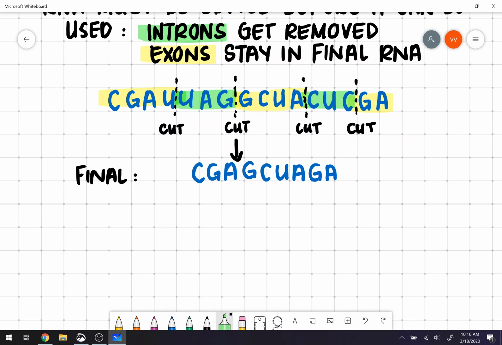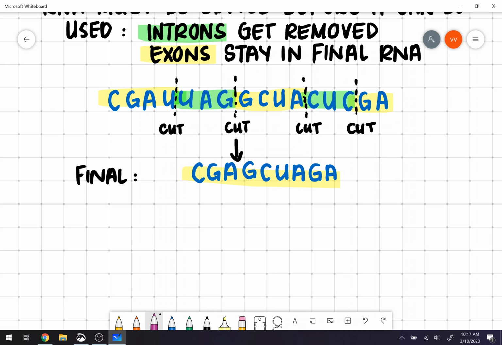Those introns are just going to get recycled and reused elsewhere, but they don't end up in the final molecule. Okay, so once all is said and done, this is your RNA molecule. This molecule is ready to leave the nucleus and head out into the cytoplasm for the next part of making proteins.